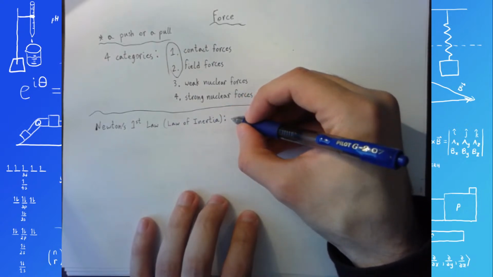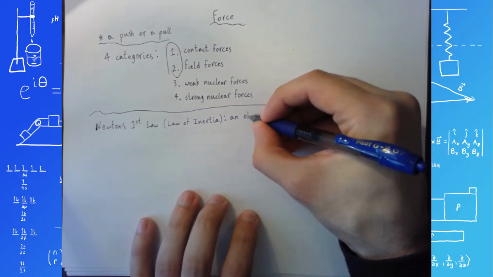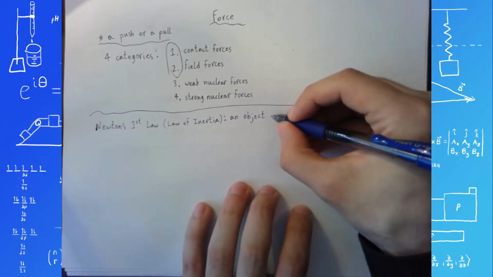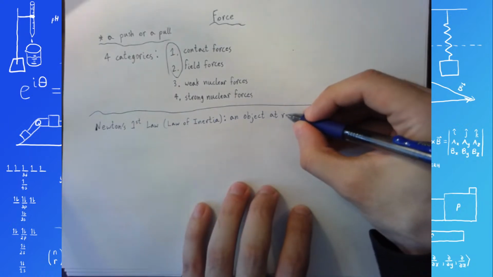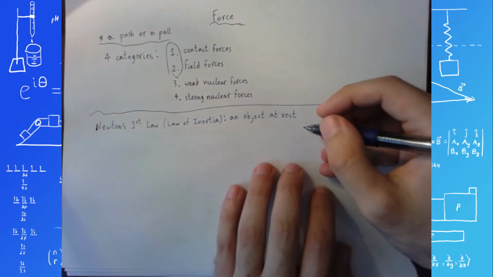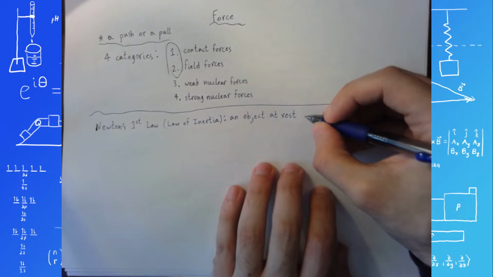Newton's first law: an object at rest tends to stay at rest and an object in motion tends to stay in motion with constant velocity unless acted upon by a net force.